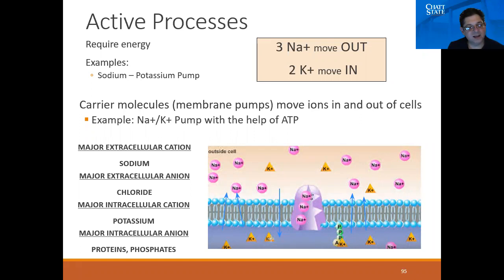So proteins are anions considered inside the cell, as well as phosphates, because there's always loose phosphates going around. So there you go. Are these 4 on the test? You bet. You will definitely see a couple of those on the test. And you will definitely see this on the test, the sodium potassium movement.